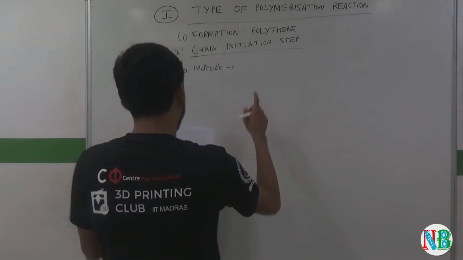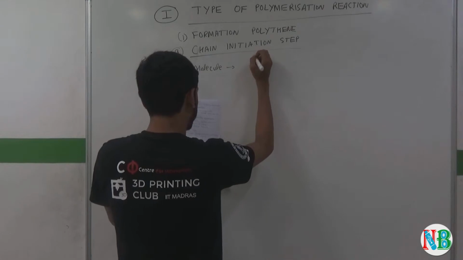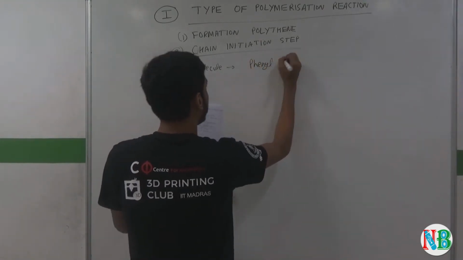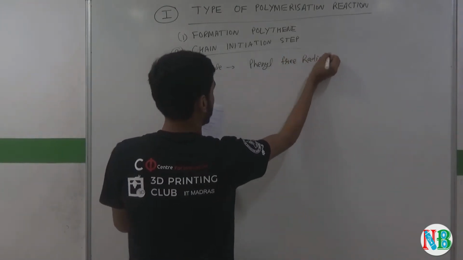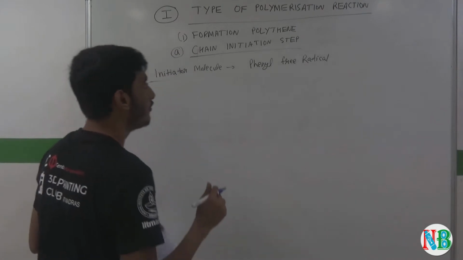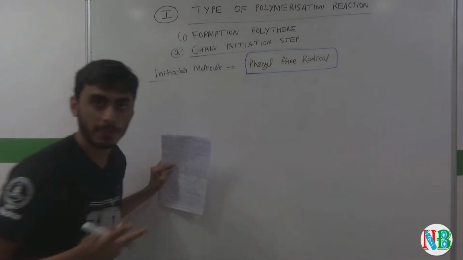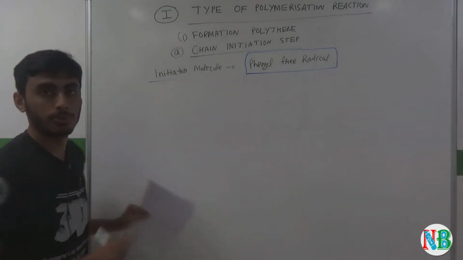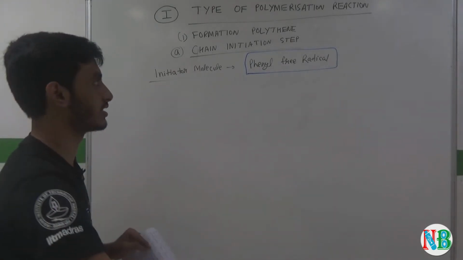So in this case, this is a phenyl free radical. What you have to do is form a phenyl free radical. Why? This radical is actually an initiator molecule, and this initiator molecule initiates the process.